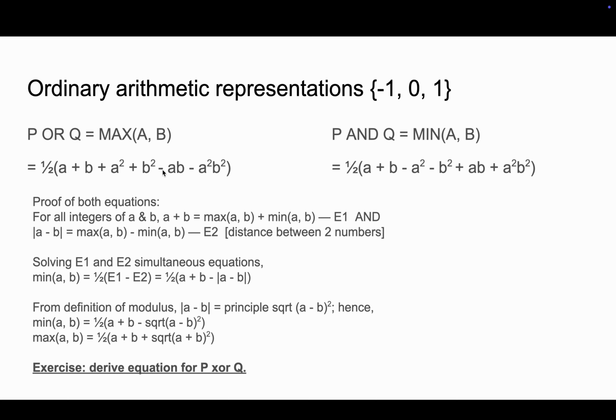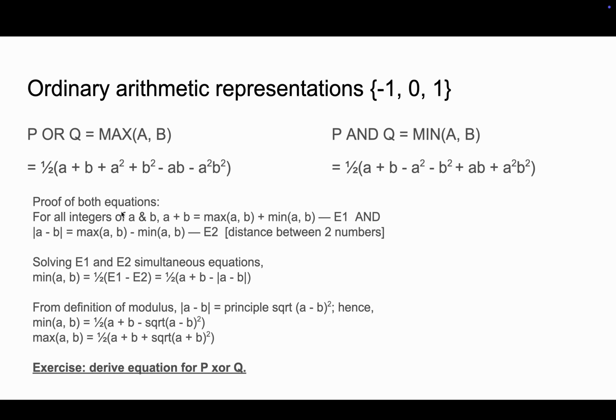A and B are either -1, 0, or 1. If you plug this into a calculator, you key in the truth values of A and B, you will get a numerical value that corresponds to the truth value of P or Q. How do we prove this arithmetic representation?